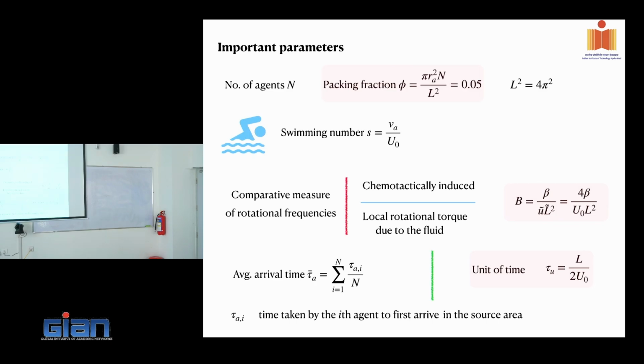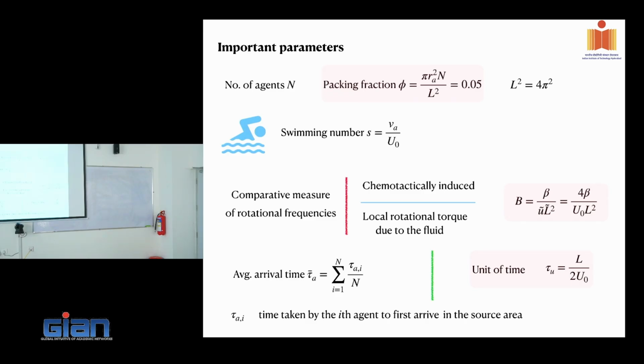Then the problem throws at you a variety of parameters. First of all, the number of bacteria you're going to treat in this simplified model. Packing fraction: the area of the bacteria multiplied by the number of bacteria divided by the total available area.